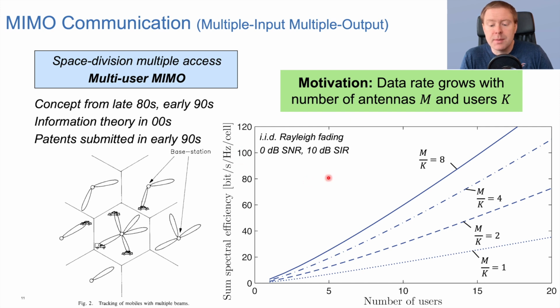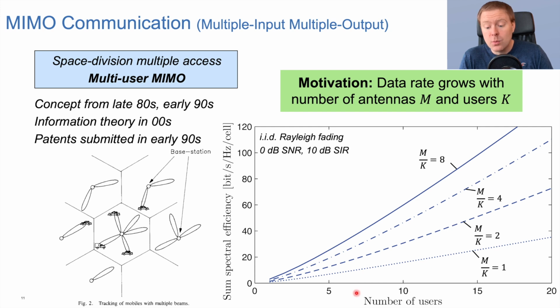And we're considering some simple models here. We have i.i.d. Rayleigh fading, we have 0 dB SNR for every user, and we have a signal to interference ratio of 10 decibels. So it's a fairly low signal to noise ratio, but you can see that I have different curves representing different cases.